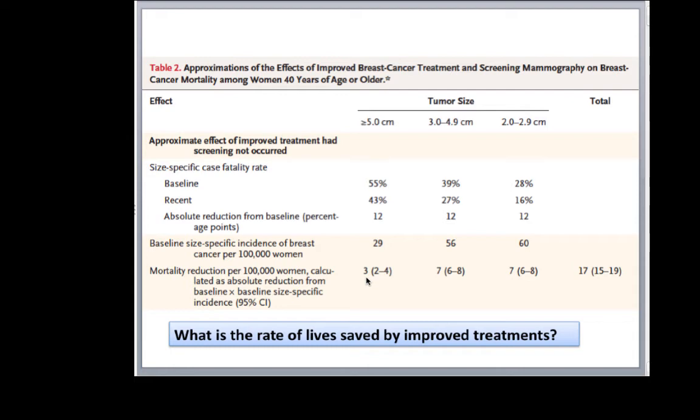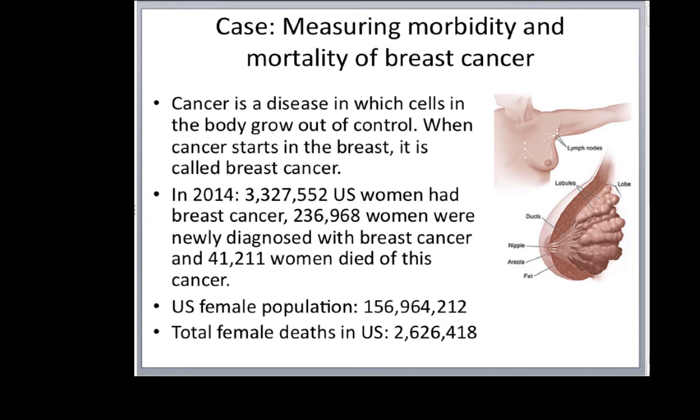I didn't give you a chance to do that now, but if we were to go back to this data, you should be able to take this data in order to calculate case fatality. And how might you do that? Since we asked the question, why don't we go ahead and do that?